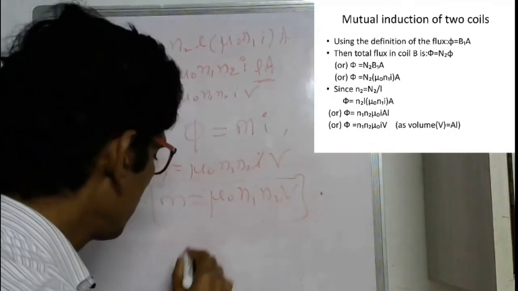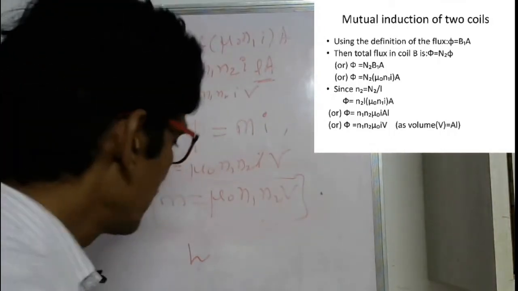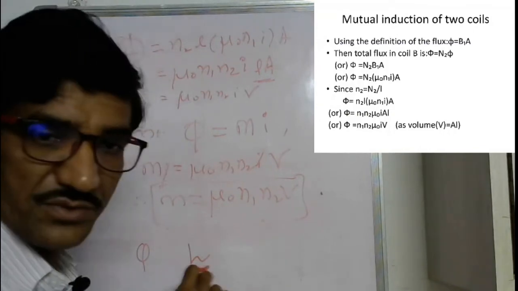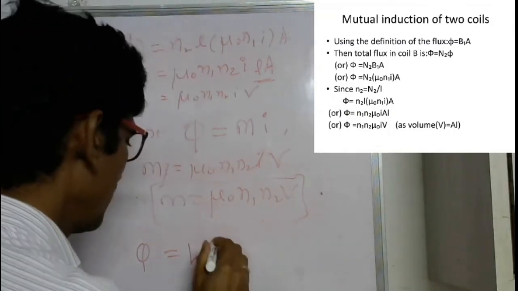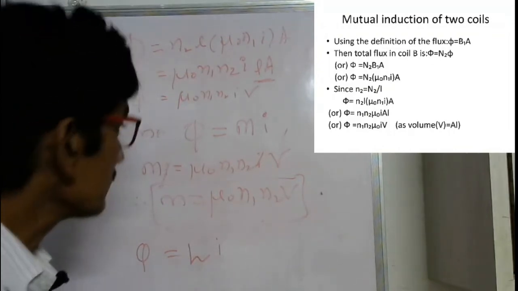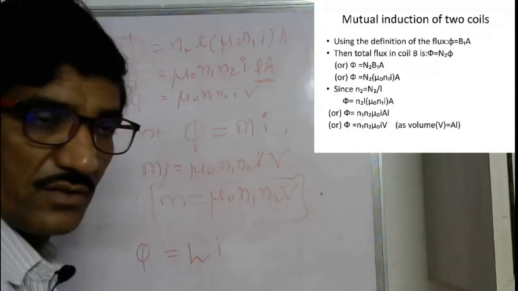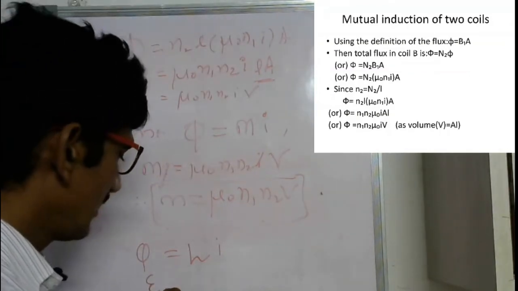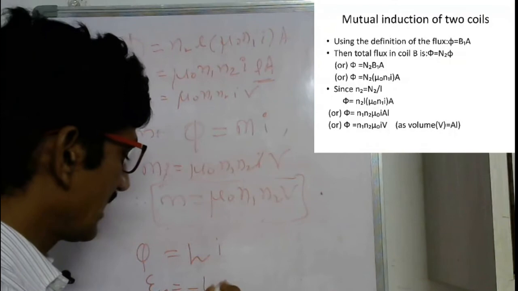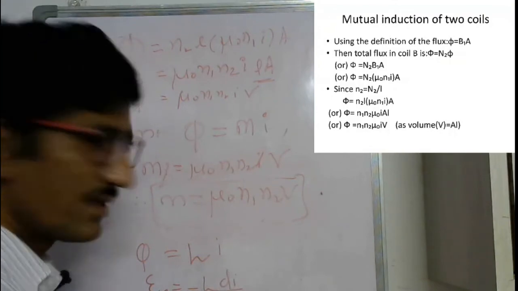Self-induction is nothing but you have phi is equal to Li. What is another equation? Es is equal to minus L di by dt.